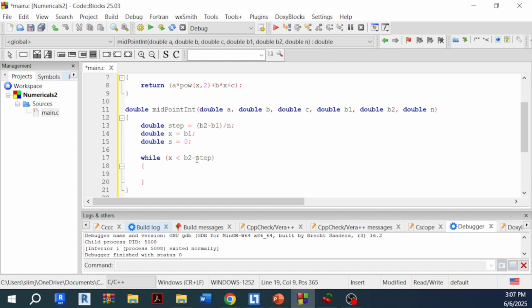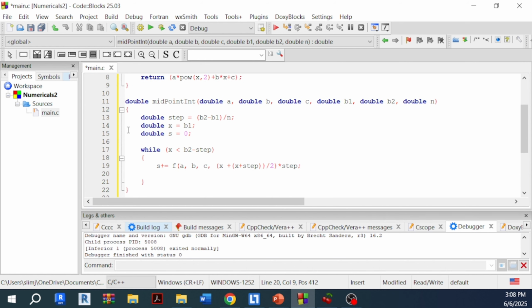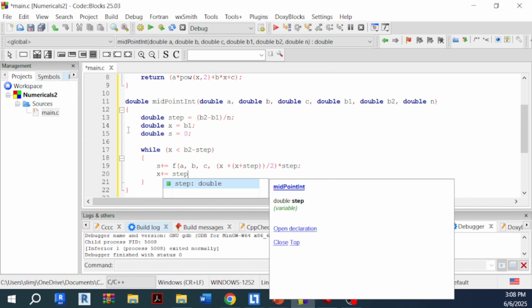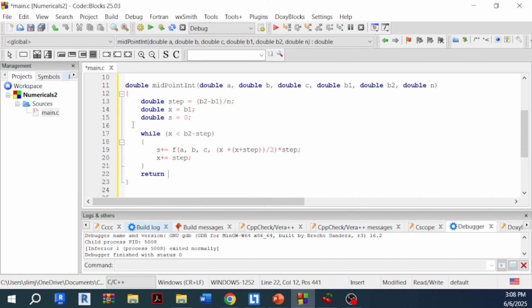So we evaluate the last area, the last rectangle, and then we break out of the loop. So s plus equals the function f of a, b, c, and I need x plus step together divided by 2, times step. Then I need to increment x by one step to move the interval, and finally return s, which is the sum or the integral.